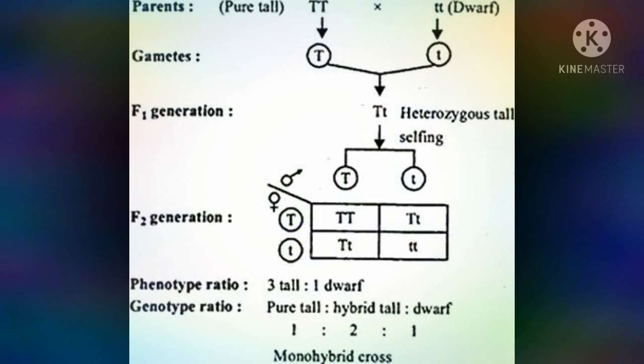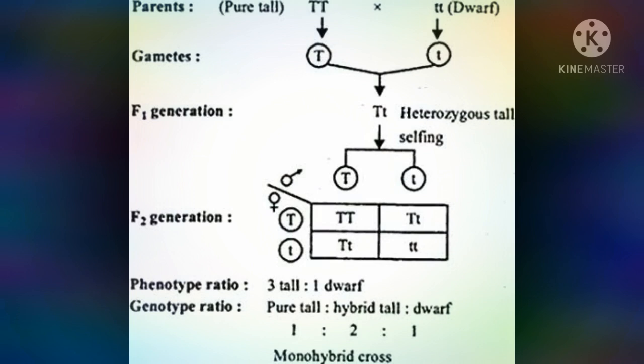As we know, pea flowers are bisexual, so there will be random fusion, and each type of male gamete has an equal chance to fuse with a female gamete with capital T or small t and vice versa.